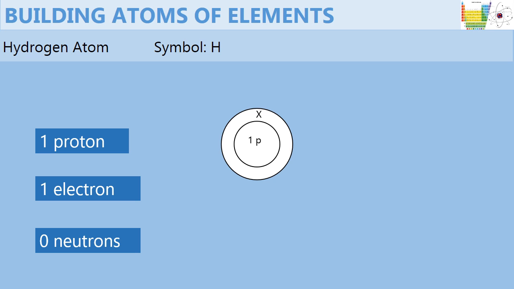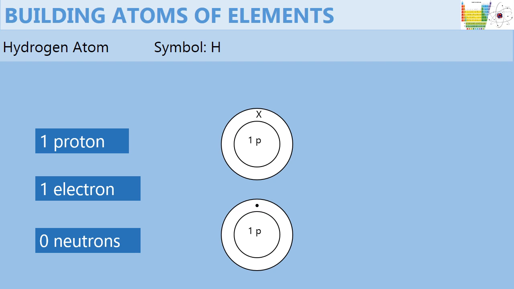And we always represent electrons with an X. Sometimes we could represent electrons with a dot. So either way, any of these two structures would represent the hydrogen atom.